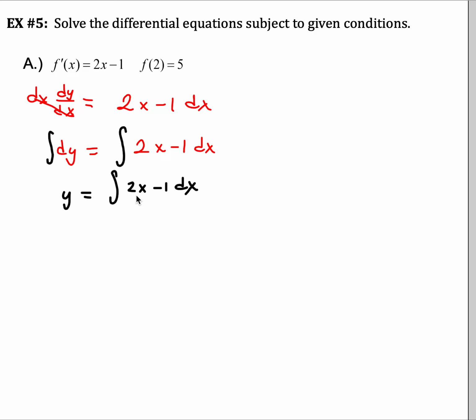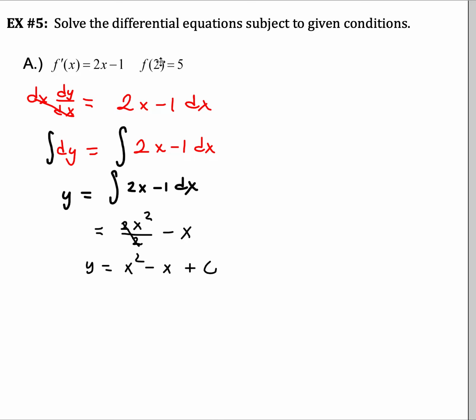Well, when we take the integral of 2x, we're going to be left with 2 x squared, right, divided by 2. And then the integral of negative 1 should just be minus x. We could simplify that out. And we're going to be left with y is equal to x squared minus x plus c.